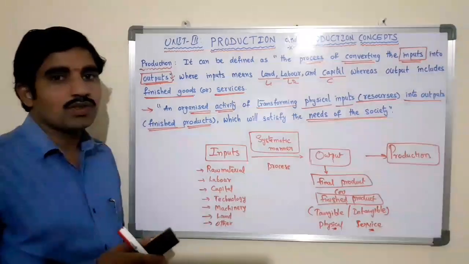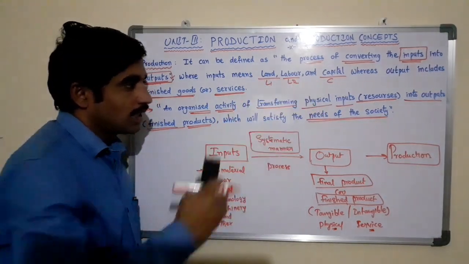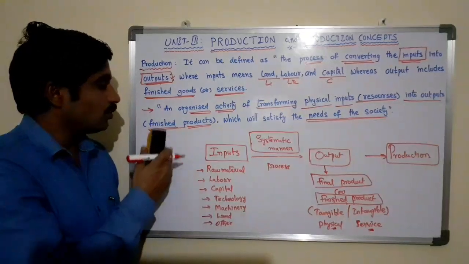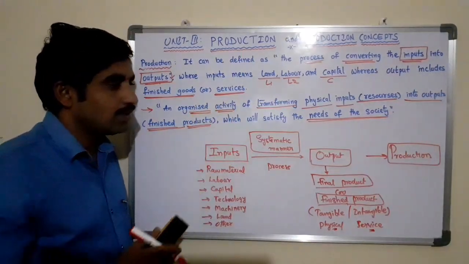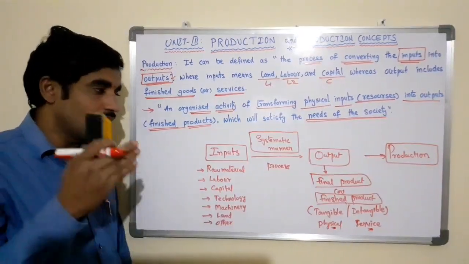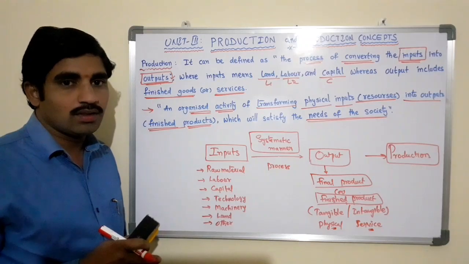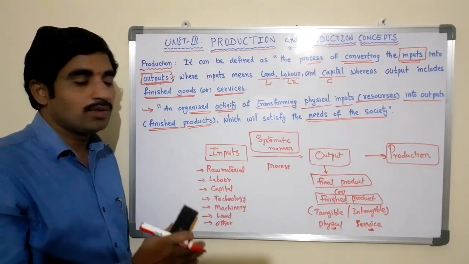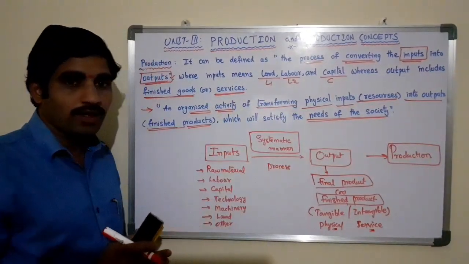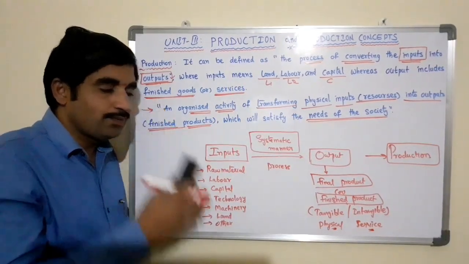Production can also be defined as an organized activity transforming the physical inputs, that is, the resources available, into the output, that is, finished goods, which will satisfy the needs of society. So whatever inputs and resources are available, we convert them into output, hence producing the finished product in physical or intangible form.